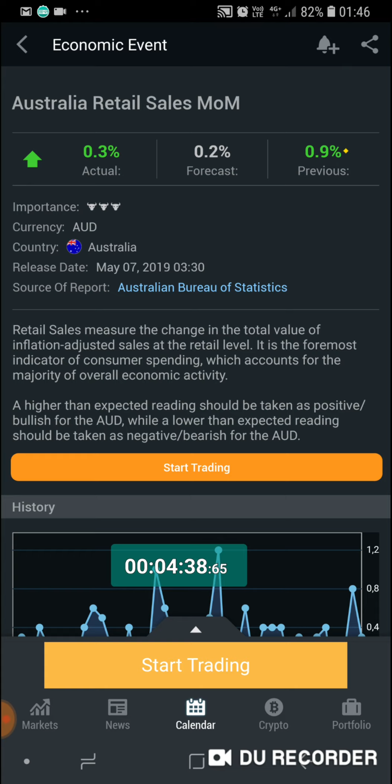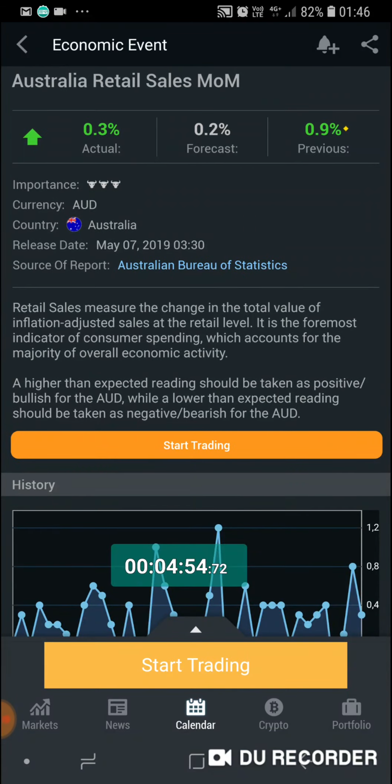Whereas if it's negative, it means the Australian dollar, the economy, is going to go down, it's negative, or it's bearish. You understand? Either the report is positive or negative. Now, a higher than expected reading should be taken as positive, bullish for the AUD, which is what I explained, while a lower than expected reading should be taken as negative, meaning that it's bearish for AUD.